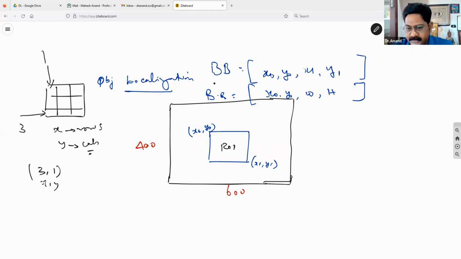But in the entire object detection concept, the software packages, irrespective of whatever framework you develop, use the Cartesian coordinate system.